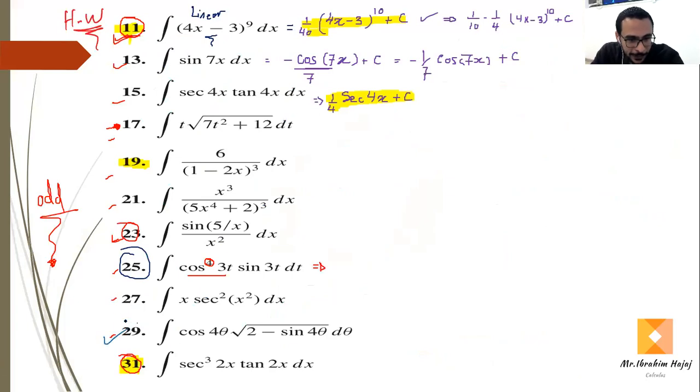Okay, question 29: the integral of cosine 4 theta times the square root of 2 minus sine 4 theta d theta. Cosine 4 theta, radical 2 minus sine 4 theta.